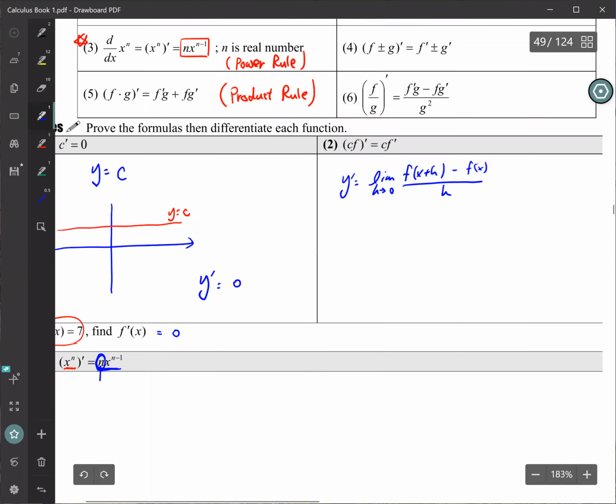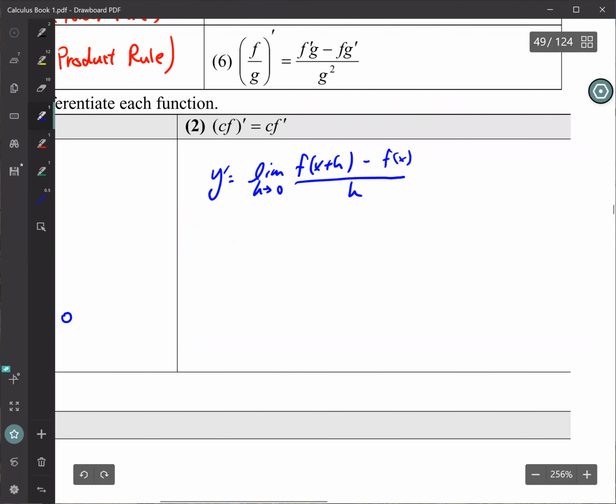In this example, the function that we want to prime is a constant times a function, so we are going to apply the definition to the new function, the c times function.